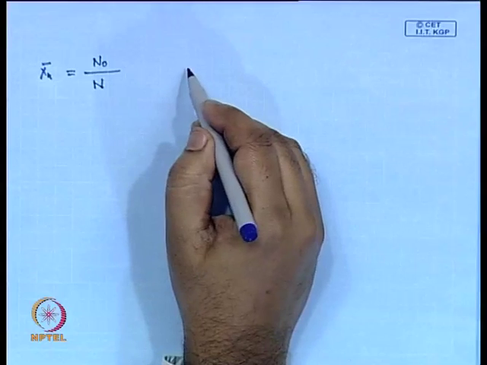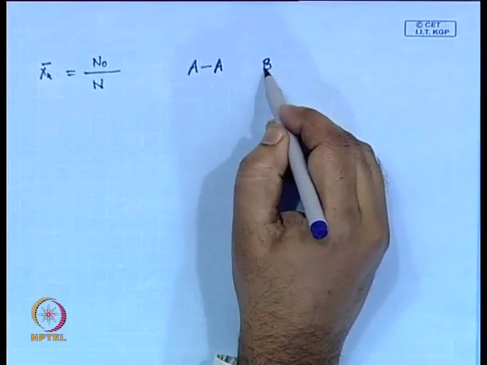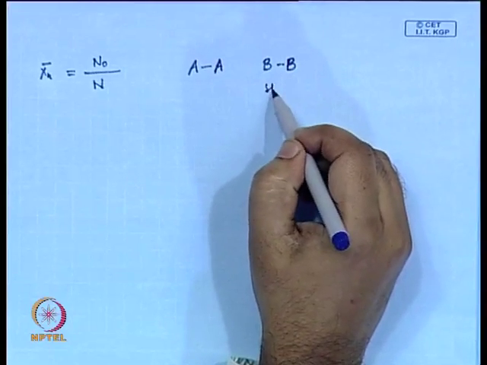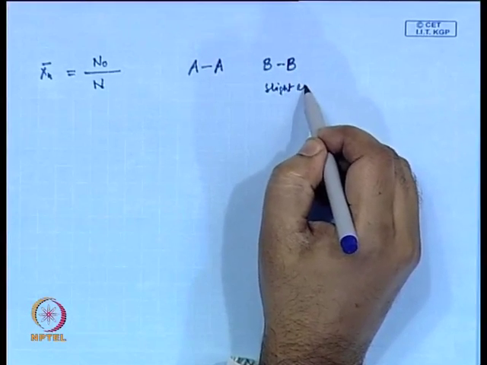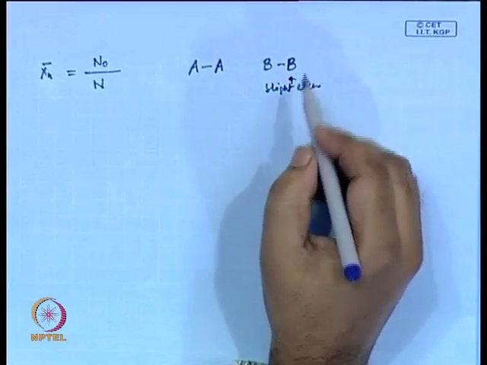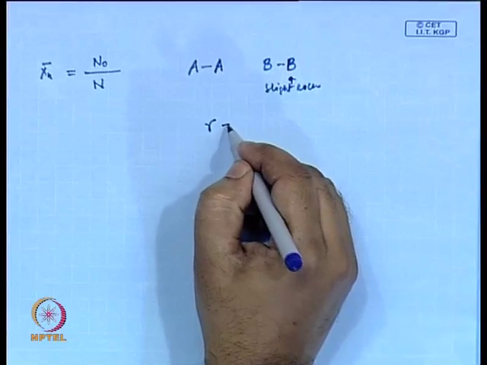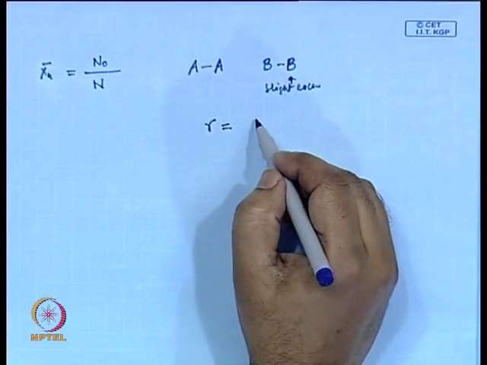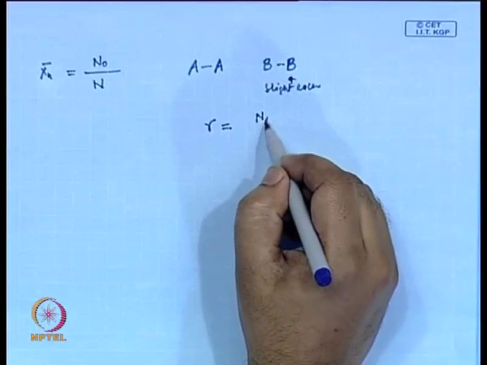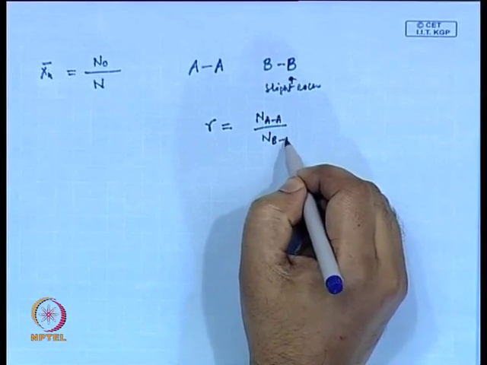Now, let us consider a case where we have the system AA and BB with a slight excess of BB. This is present in slight excess. So, we define an imbalance ratio R, which is the moles of AA over the moles of BB.